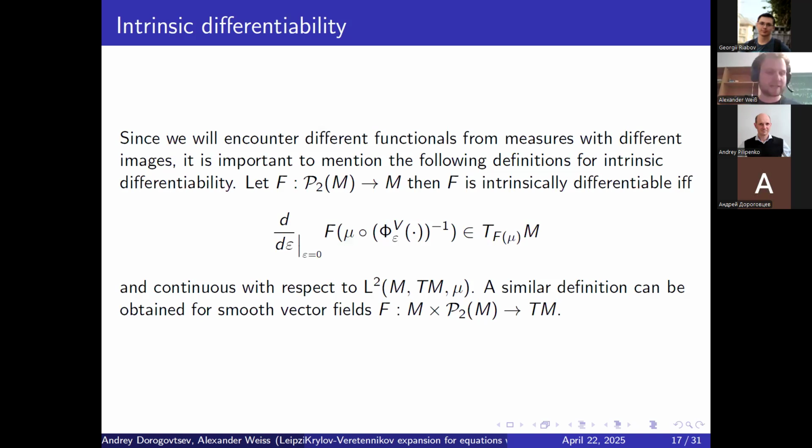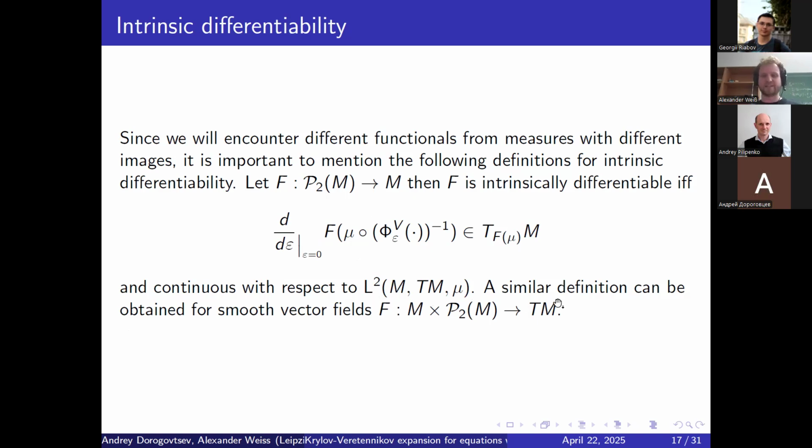Then let me quickly emphasize that we encounter different functionals from measures which have different images. Therefore, it's important to mention that there are different definitions. For example, if we have a map from the Wasserstein space to our manifold, then f is intrinsically differentiable if and only if this difference quotient exists, and it would then be in the tangent space of f of mu of M. And it should also be continuous with respect to L2 mu.